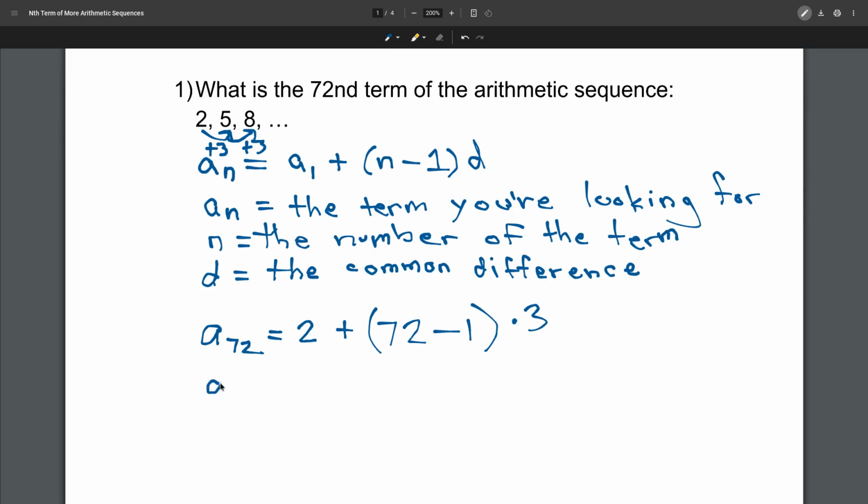Okay, so a sub 72 is going to equal 2 plus 71 times 3. It's end of the day, so I'm going to just make sure I'm getting everything right. 71 times 3, 213.